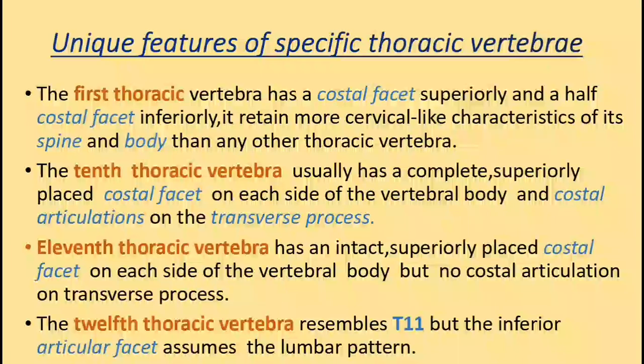The 11th thoracic vertebra has an intact superiorly placed costal facet on each side of the vertebral body, but no costal articulation on the transverse process. The 12th thoracic vertebra resembles T11, but the inferior articular facet assumes the lumbar pattern.